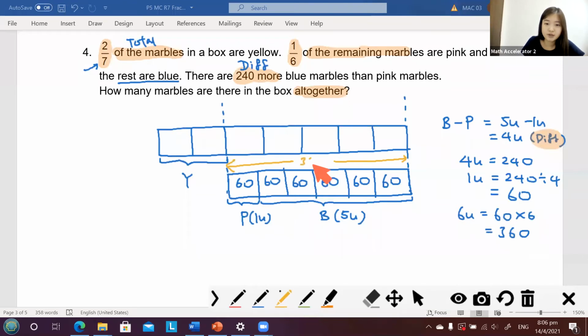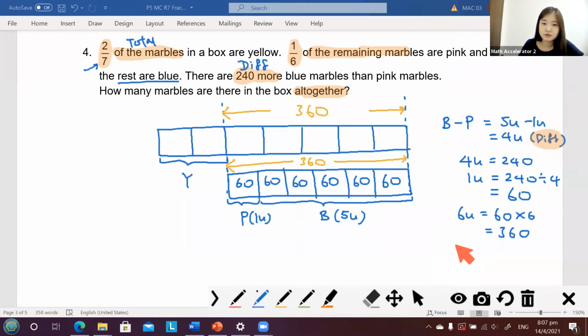So 360, which means on top here in the first part of the model, this is also 360, but it's no longer 6 units. You have 1, 2, 3, 4, 5 parts instead. So you can call it parts instead. Let's find out individually how many marbles each of these represents.